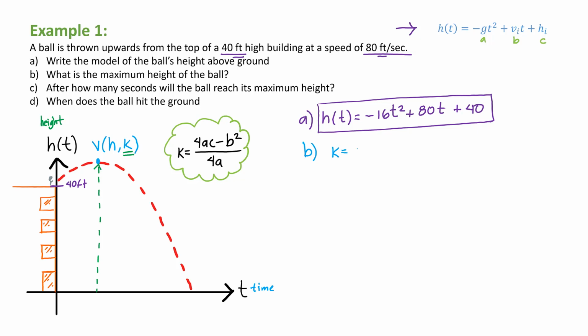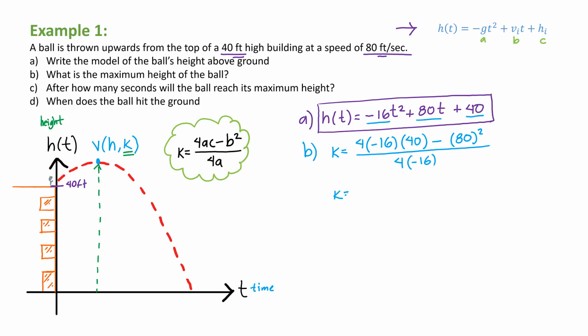So K equals 4 times A, A is minus 16, times C, which is 40, minus the square of B, which is 80, over 4 times A, minus 16.